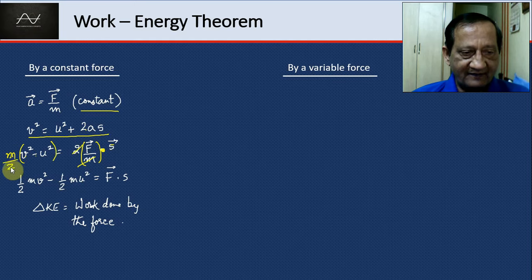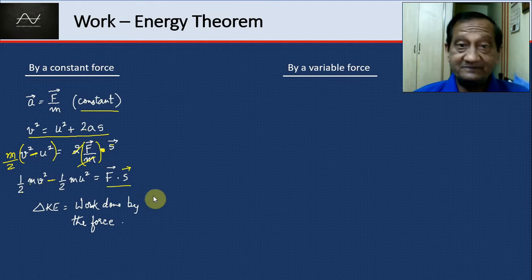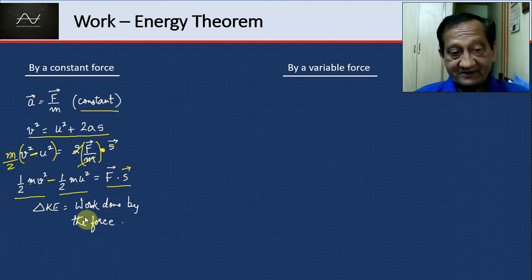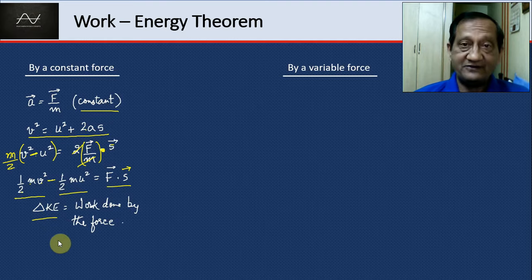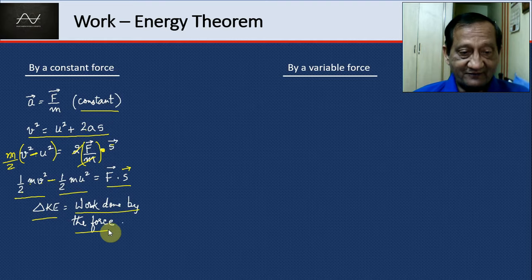So half m v square minus u square, or half m v square minus half m u square is equal to F dot s. F dot s is the work done by the force, and this is final kinetic energy minus initial kinetic energy. That is change in kinetic energy. That is the work done by the force.